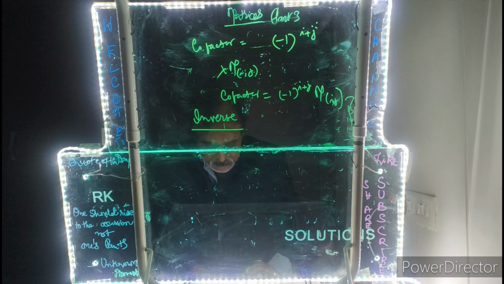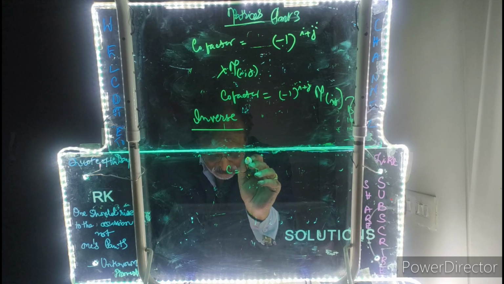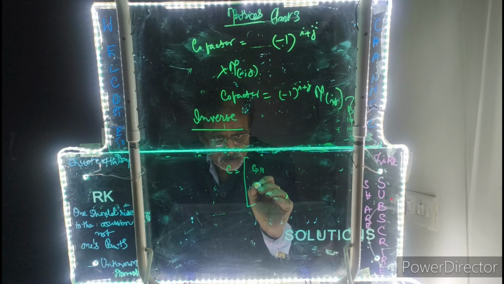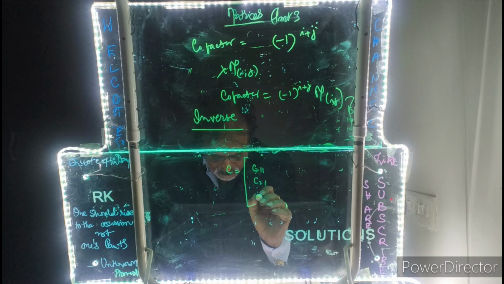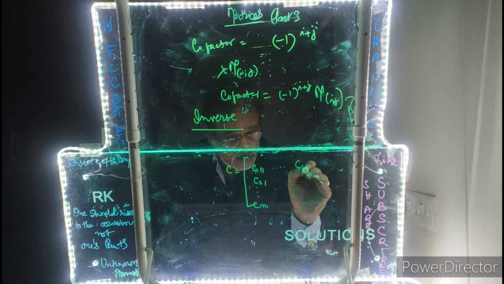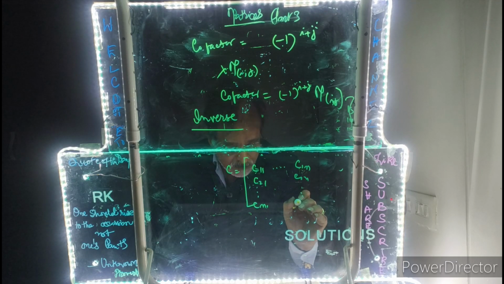To do that, we should first compute the cofactors C11, C21, like that, Cn1, and so on up to Cnn.